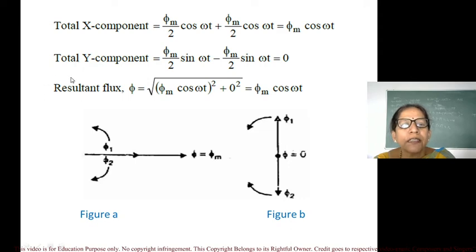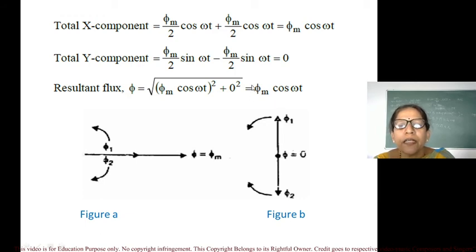Now as far as the resultant flux phi is considered, which is the phasor addition of the two fluxes, this phi will be calculated as under root of x component square plus y component square, that is under root of phi m cos of omega t bracket square plus 0 square, that is phi m cos of omega t.